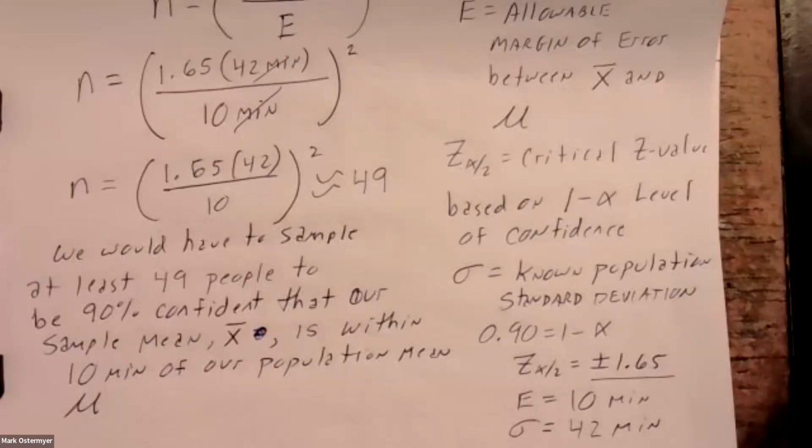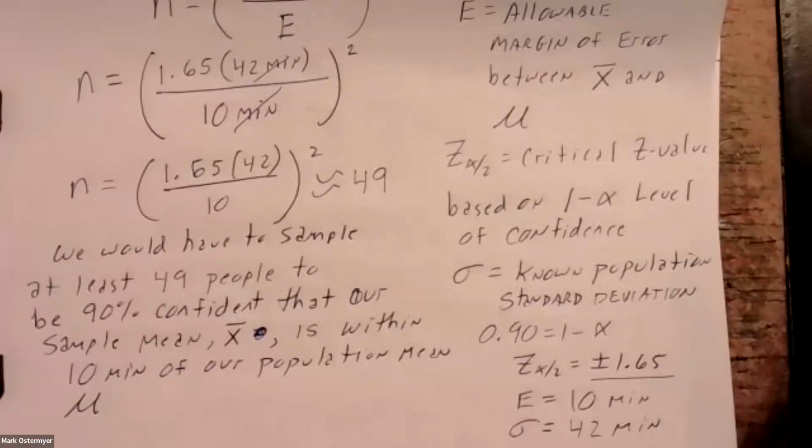So we have a very good idea as to the amount of accuracy we have in using our sample mean of a sample size 49 or larger to estimate or guesstimate the unknown population mean. All right. So that's a classic sample size problem.